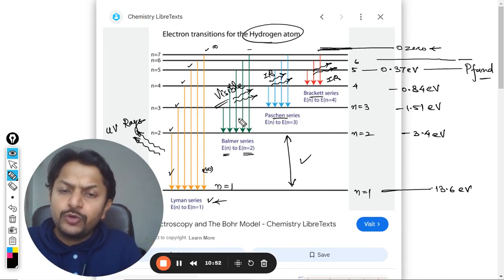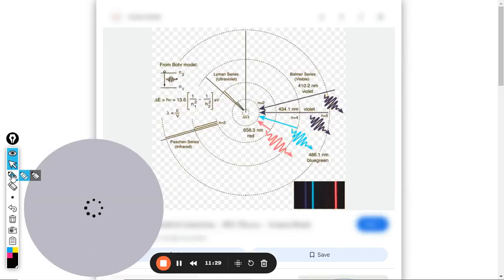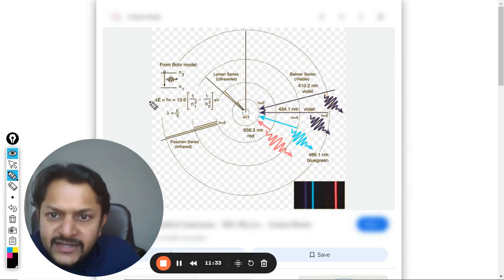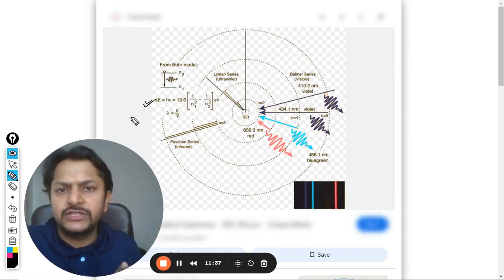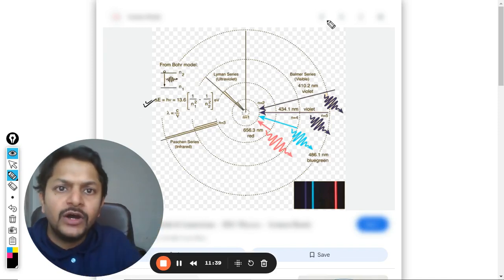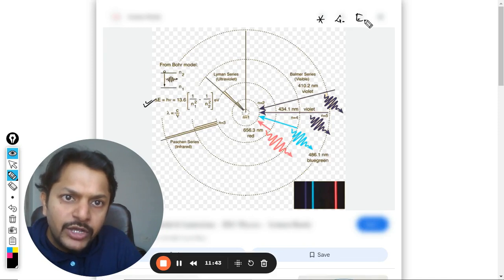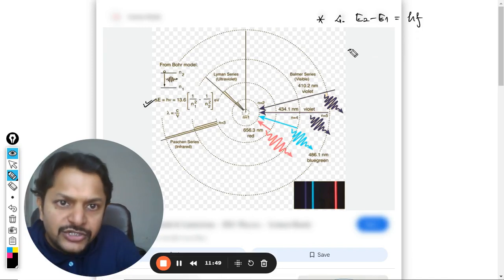Okay, so this piece of information is also important for you. They have asked this question in paper 1, I remember, so I've given you that. So this is the previous diagram now. You can see there is a formula written here, and let us have a small talk on this. After that, the topic will be over. So the fourth postulate that was given by Bohr is that the gap of energy is equal to hf or hc by lambda. So hf is equal to the gap in energy.